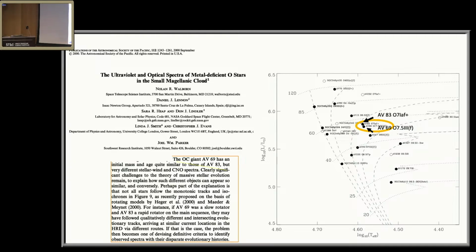So the question is, how do they both evolve into the same spot? Well, John Hillier picked up on this question and found that the main difference between the two stars is that AV83 is a rapid rotator and AV69 is a slow rotator. But the study didn't go on to obtain an initial mass or age for the two stars, and that's what we'll do today.